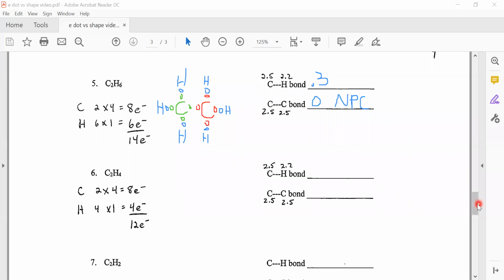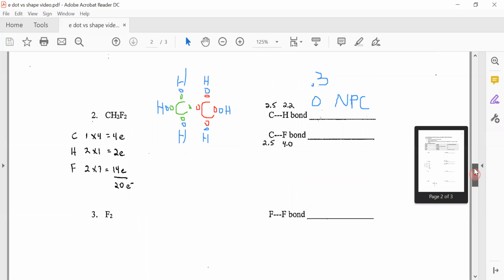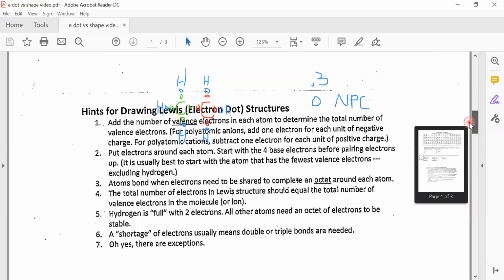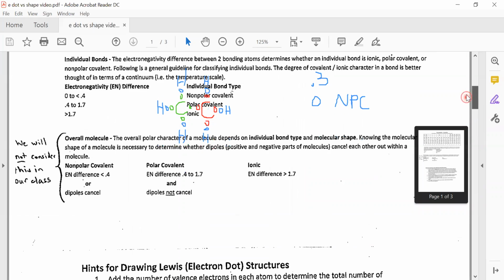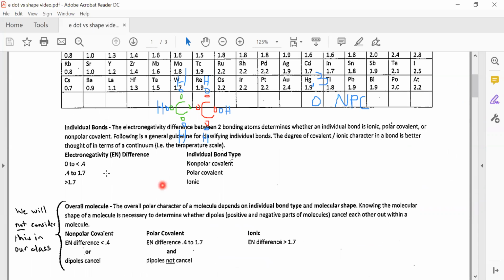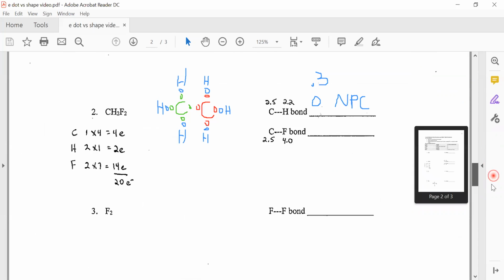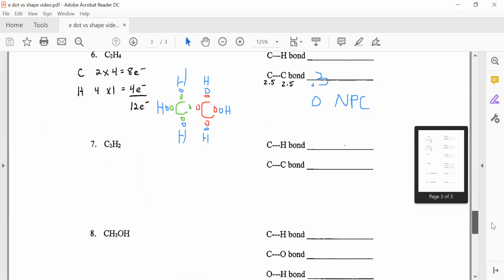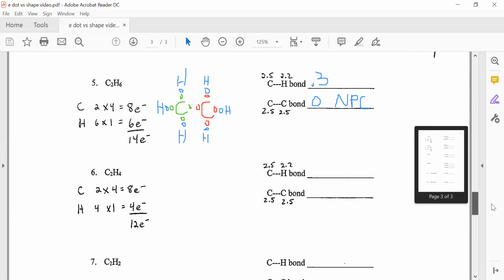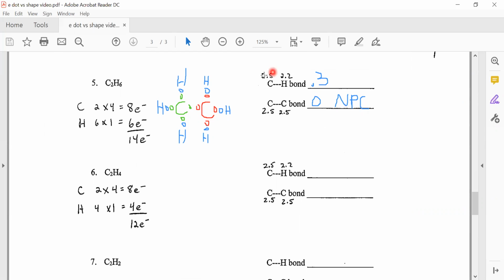Let's just double check that quick. And I believe 0.3 still qualifies as less than 0.4. So we'll say that's nonpolar covalent. Notice it's a matter of degree, but the polar character is really small. So we're going to classify that as nonpolar covalent. So we got NPC for both of those right here.